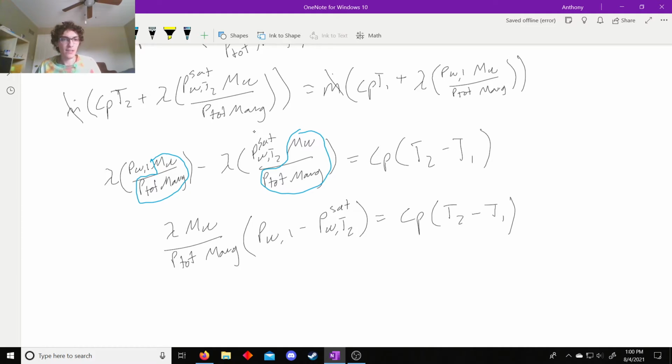Okay, and this is our energy balance from our adiabatic saturation temperature situation.